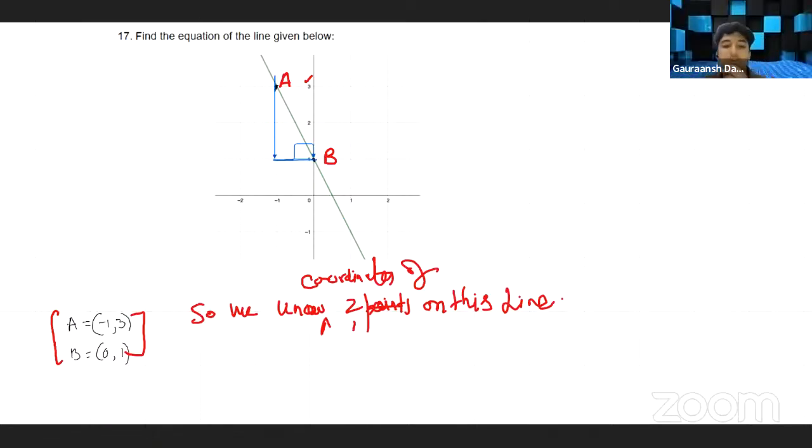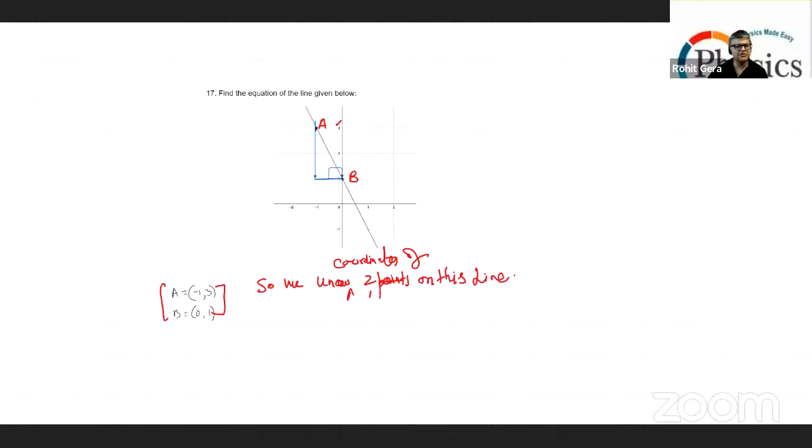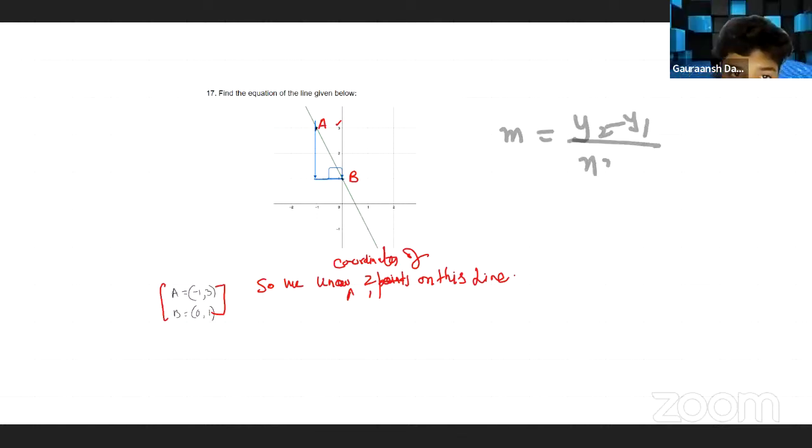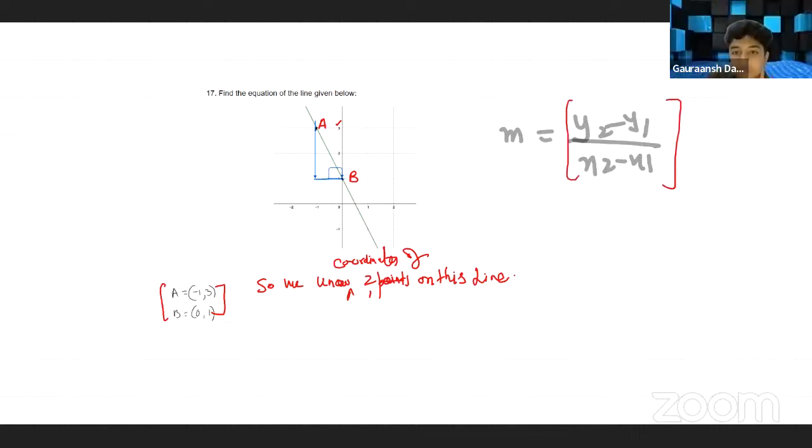So now it will be changes in y over changes in x. It's going down. I think now you're saying m is equal to y2 minus y1 over x2 minus x1. Since you know the 2 points, use this, not rise and run. The idea is the same, but this will be better.